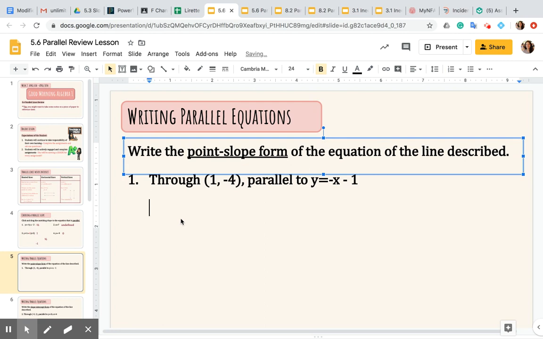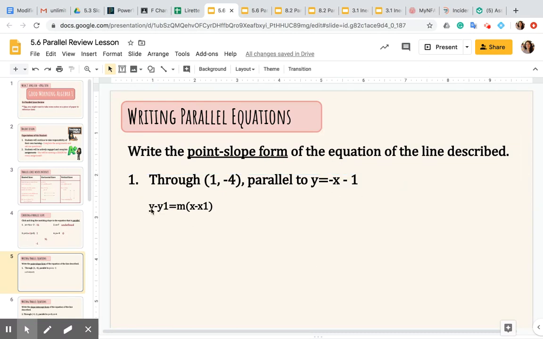So it says, write the point slope form of the equation of the line described. I'm going to start with what I know. Point slope has the following equation: y minus y1 equals m, open parentheses, x minus x1, close parentheses.